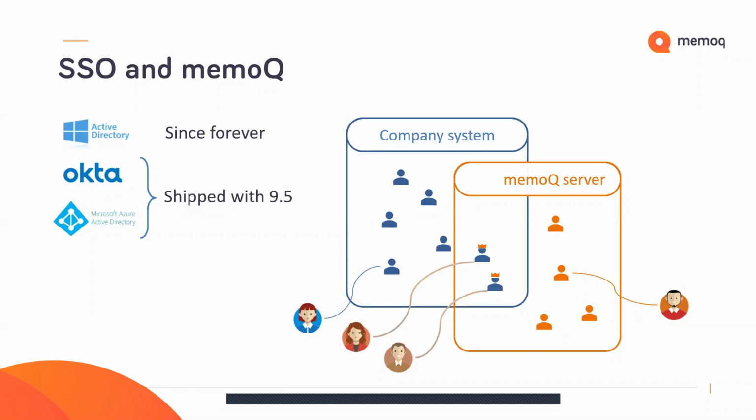So from now on, it will be fairly easy to introduce other identity providers or other identity management systems as well. Some of them may need some further development. Some of them may also need some setup. There are differences between them, even though they use the same protocol. But it will be a lot easier from now.